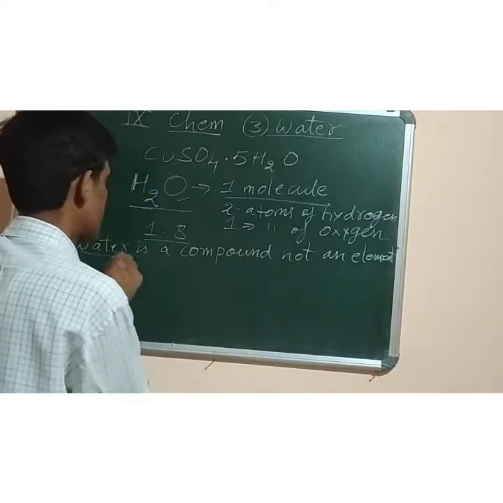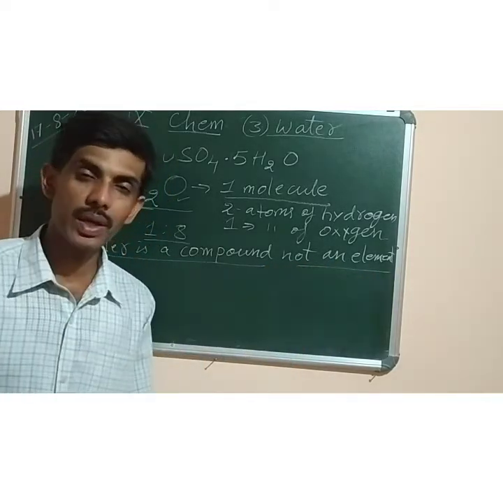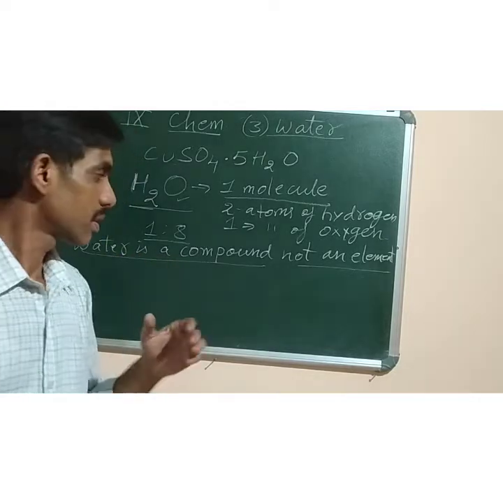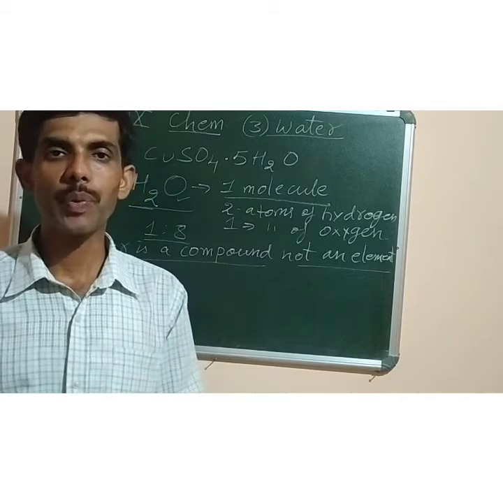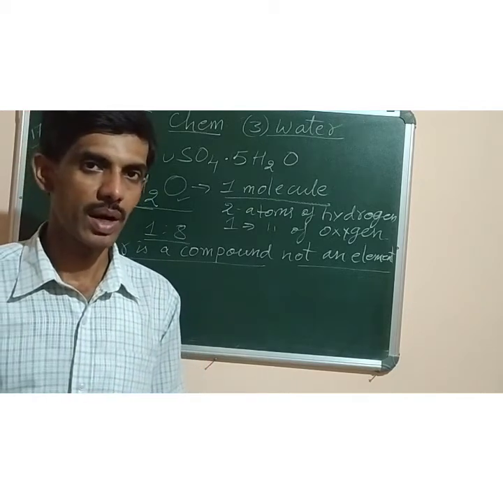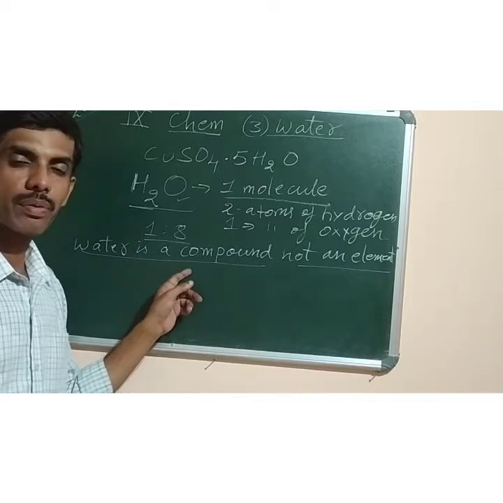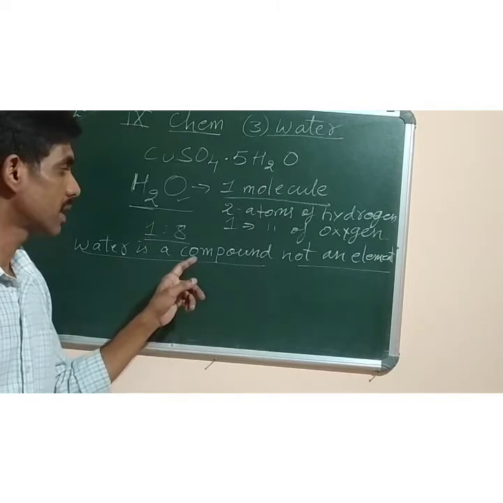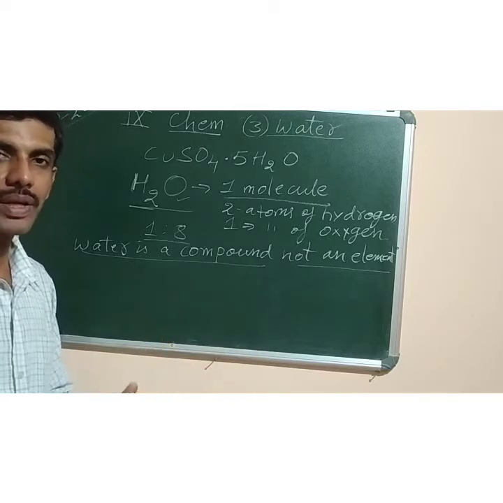Water is a compound, not an element. Why? What are the reasons we can give? If you want to give the reasons, you must recall all the properties of compounds. Number one, a compound is made up of 2 or more than 2 elements, which combine together in a fixed ratio by mass.